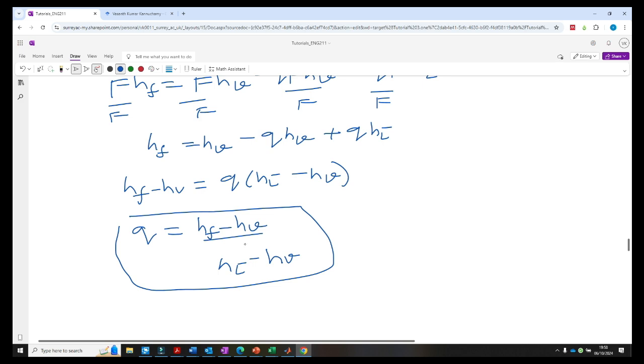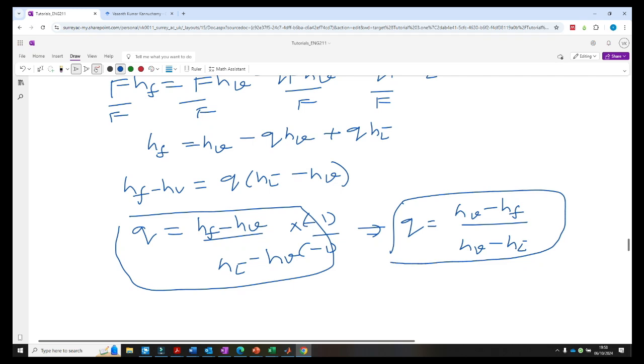If you multiply and divide this by minus 1 in the numerator and denominator, we get what is given in the question paper, which is HV minus HF divided by HV minus HL dash.